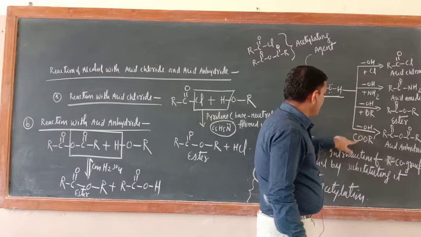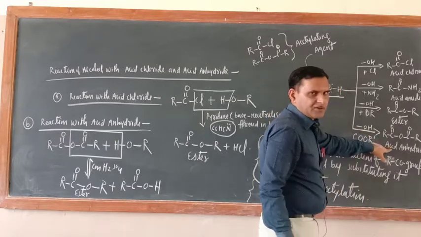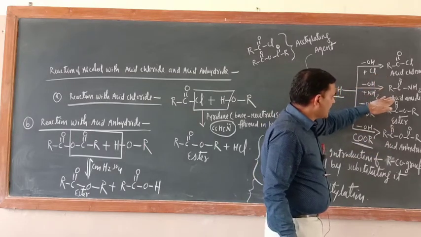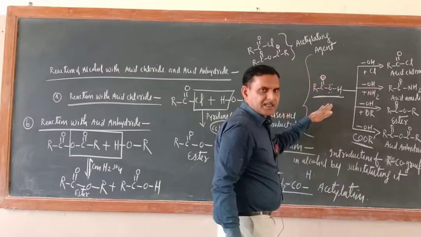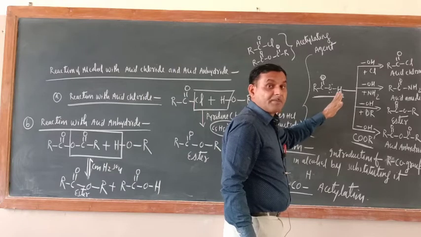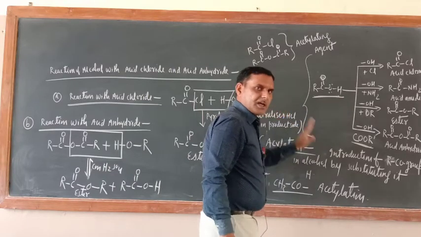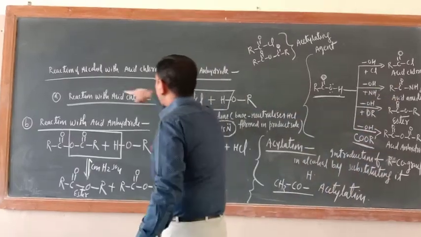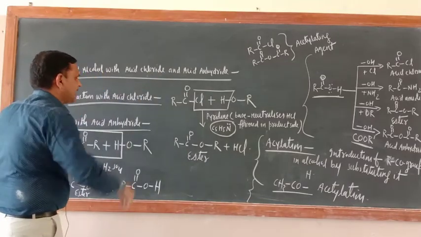Replace its OH by the COOR dash group, acid anhydride you will get. So acid chloride, acid amide, ester and acid anhydride are known as derivatives of acids because they are derived from acids. Have you got this? Now I wrote here their structural formulas. Here alcohol is reacting with acid chloride and acid anhydride.